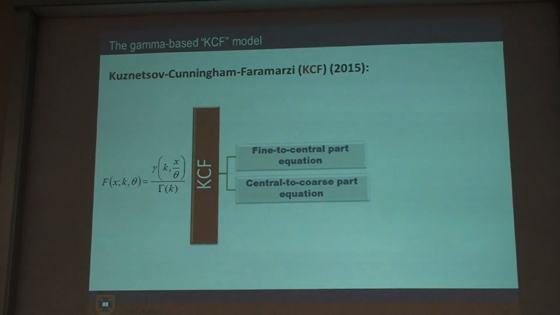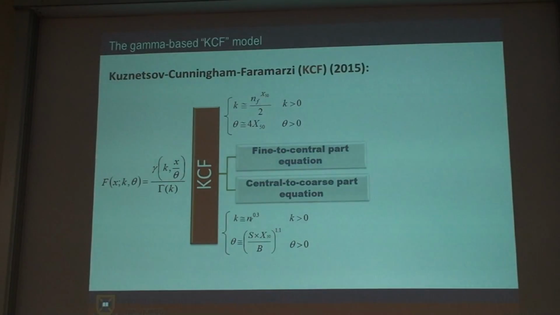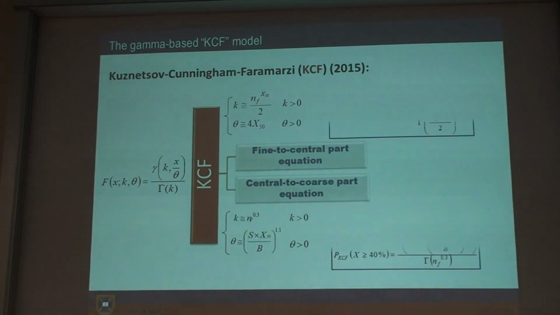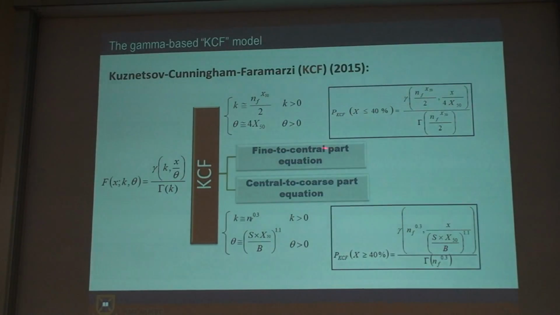So let's see how we can do this. I replaced shape and scale parameter with appropriate experimental parameters, and then here we can have an equation for the fine to central part and another equation for the central to coarse part.